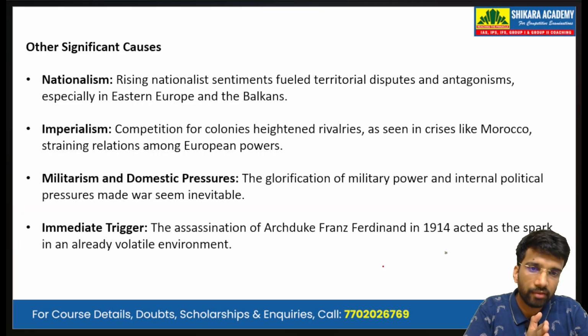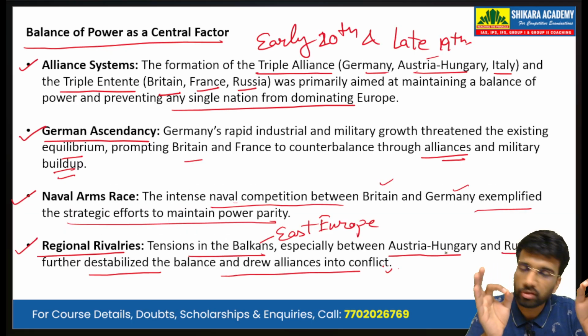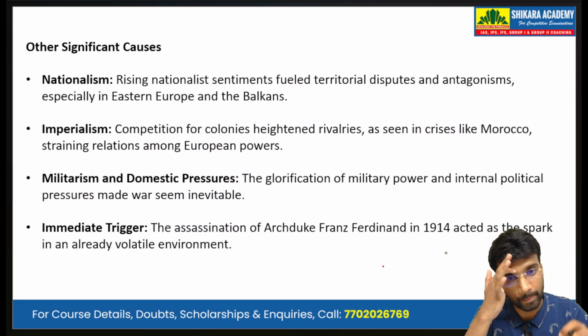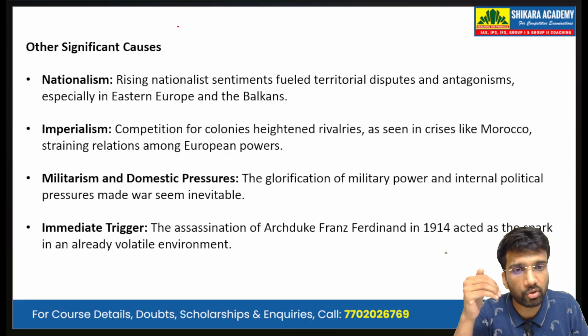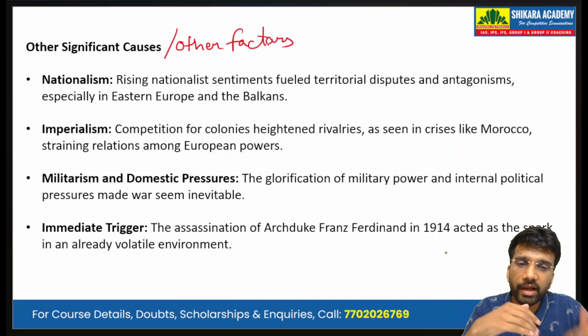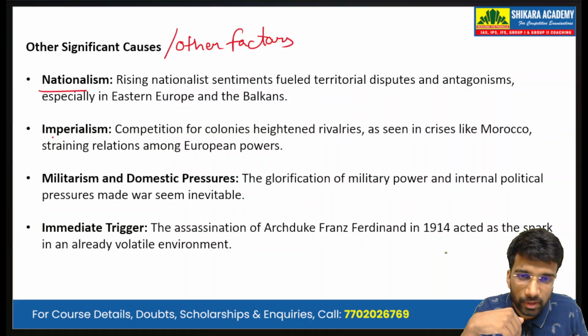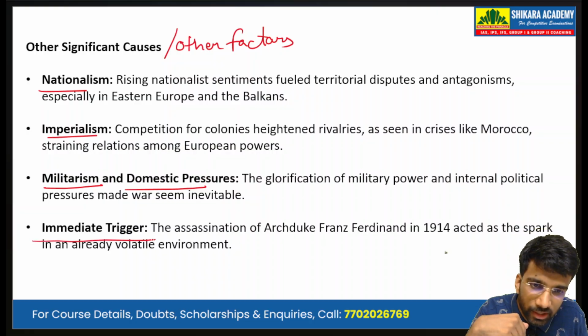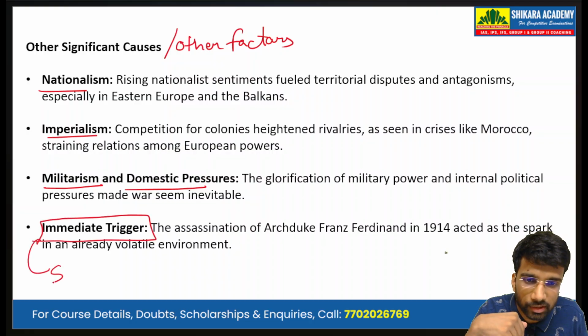Now, the central factor was the balance of power. There were other significant causes, other factors: nationalism, imperialism, militarism and domestic pressures, and the immediate trigger or the immediate spark.